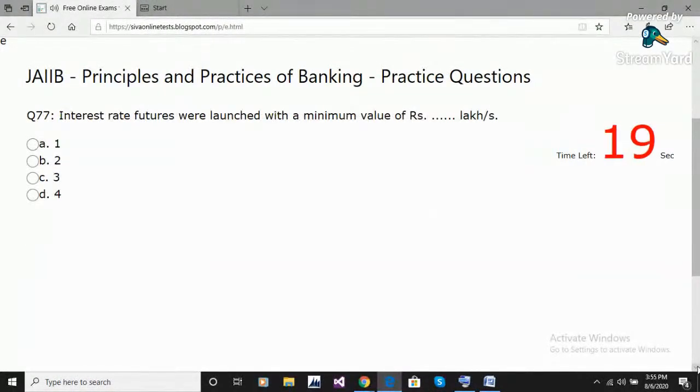Question 77, interest rate futures were launched with a minimum value of Rs. lakh. Option A 1. Option B 2. Option C 3. Option D 4. Answer B 2.